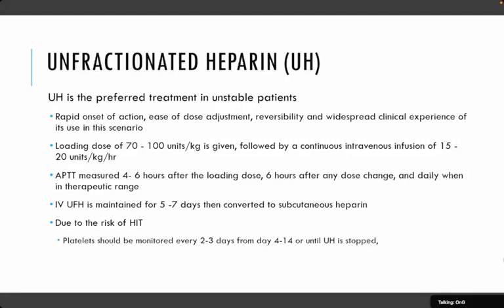The one described above is the IV administration, where you give a loading dose of 70 to 100 units per kilogram, followed by a continuous infusion of 15 to 20 units per kilogram per hour. Then you measure the APTT 4 to 6 hours after the loading dose, and then every 6 hours after any dose change. Once the APTT is in the therapeutic range, you do the measurements daily.